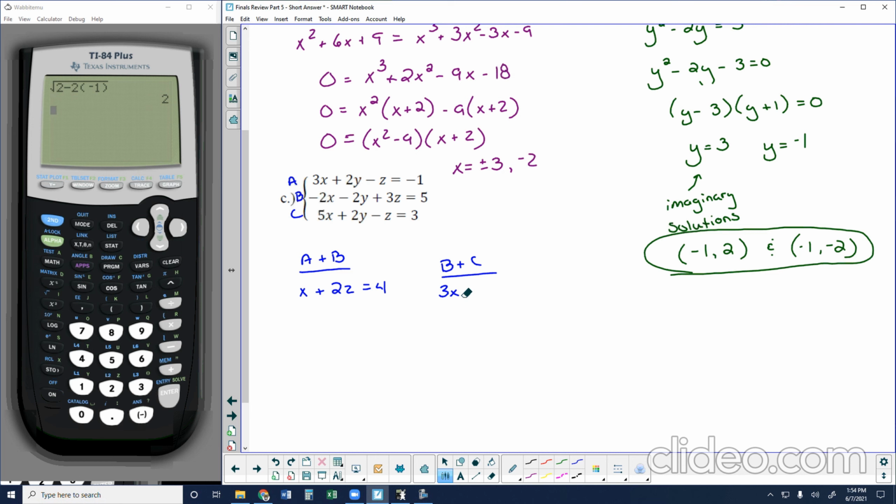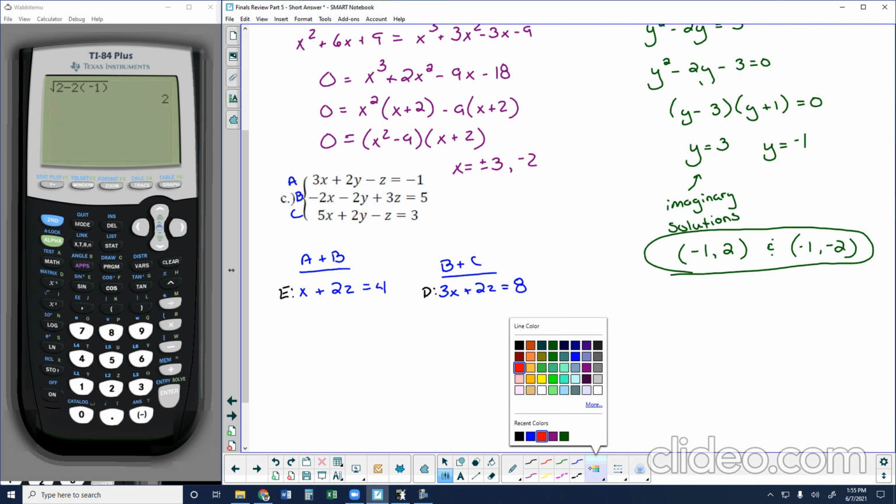Negative 2y plus 2y is 0. 3z minus z would give me 2z. And 5 plus 3 is 8. So let's call these equations D and E.